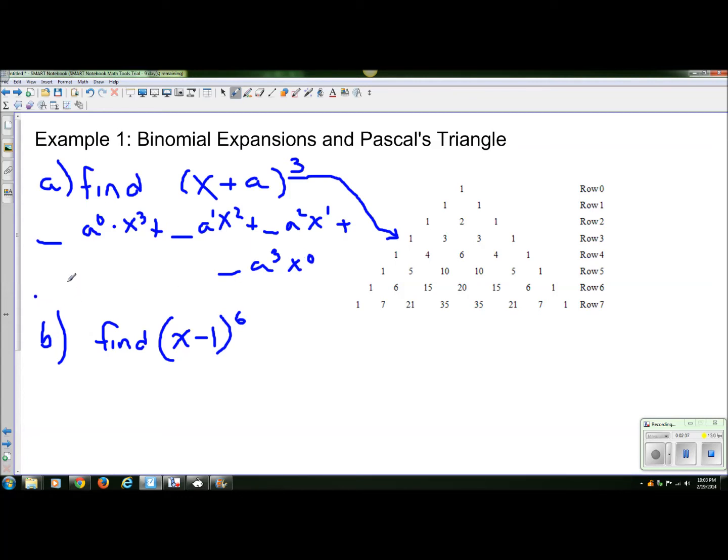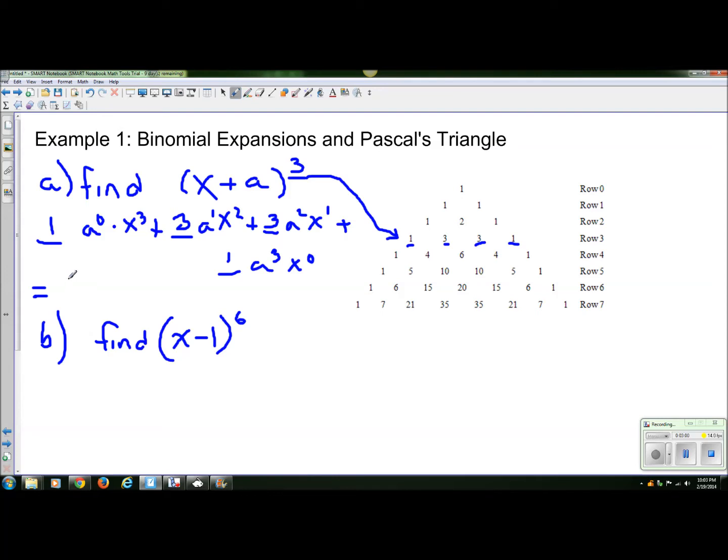So what goes in these slots are these coefficients. So that's going to be 1, 3, 3, 1. So when we're all said and done, expanding x plus a cubed is going to give us 1. We don't need that. A to the 0 is 1.